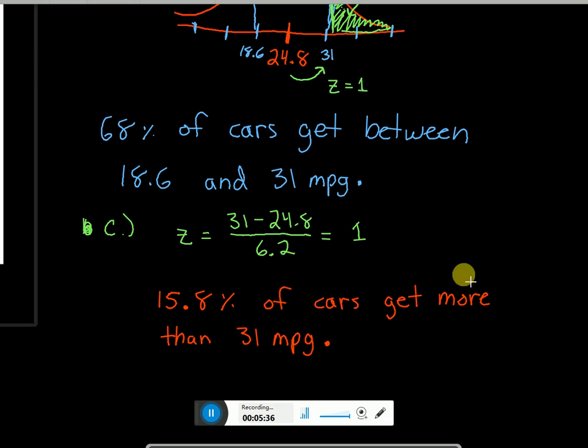Okay, so we found our z-score, and then that was the area to the right, and we looked that up on the chart. All right, that's kind of what I'm hoping you can do on this homework quiz. Good luck.